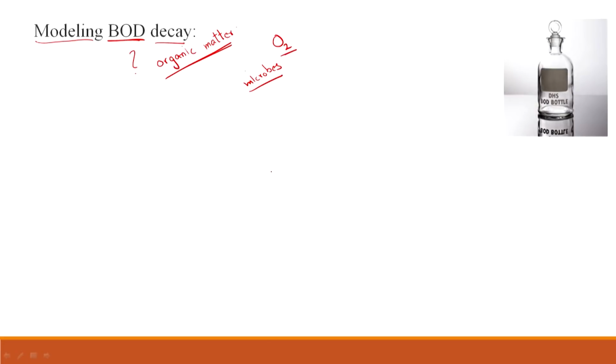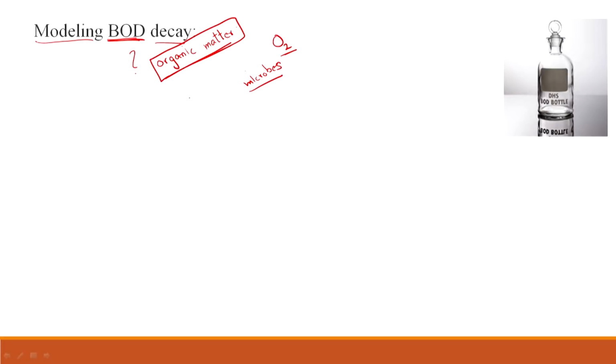So, that is one thing that we need to keep in mind. When I say we are modeling BOD decay, we are more or less modeling how organic matter decays in that experiment or in the river or in the lake.